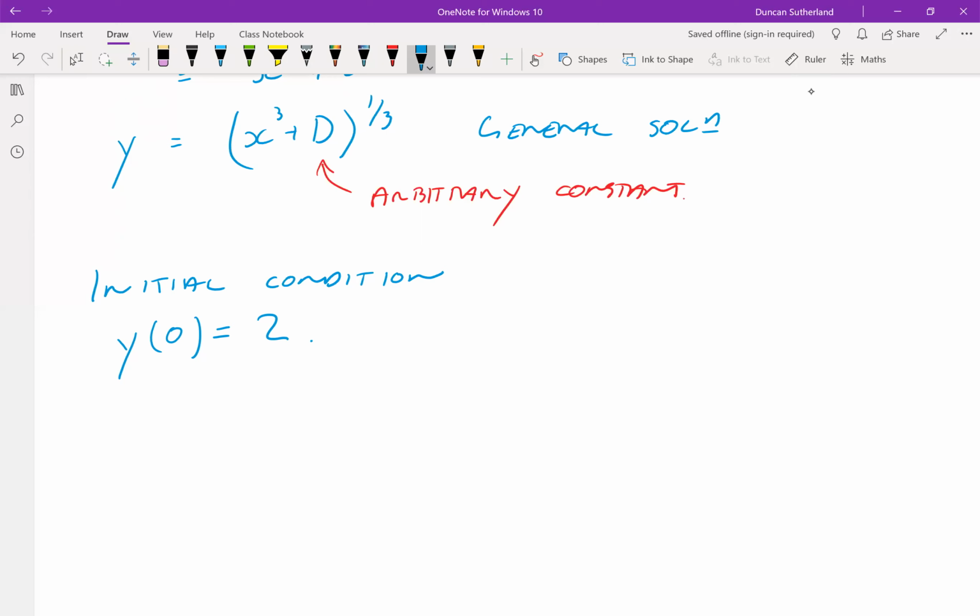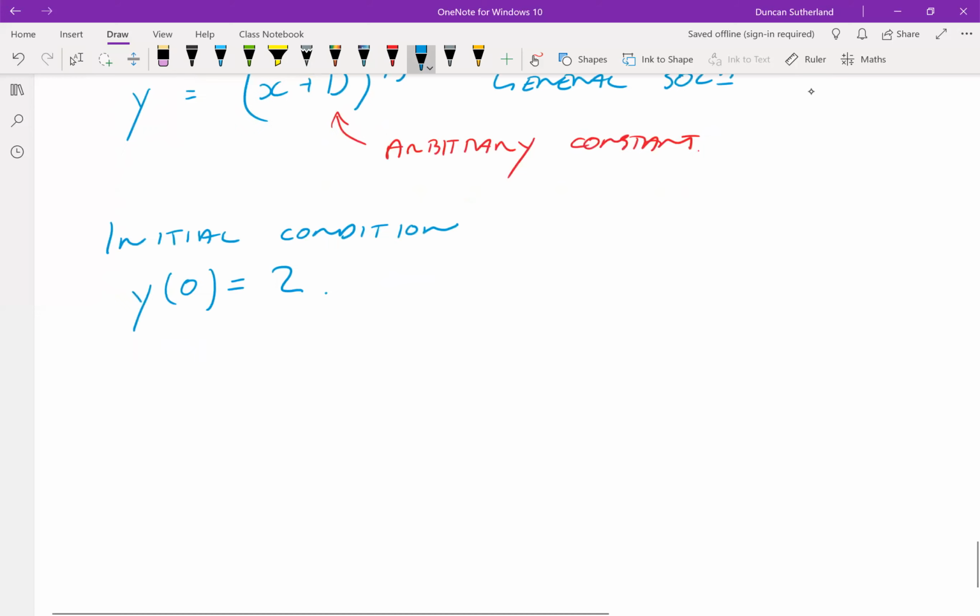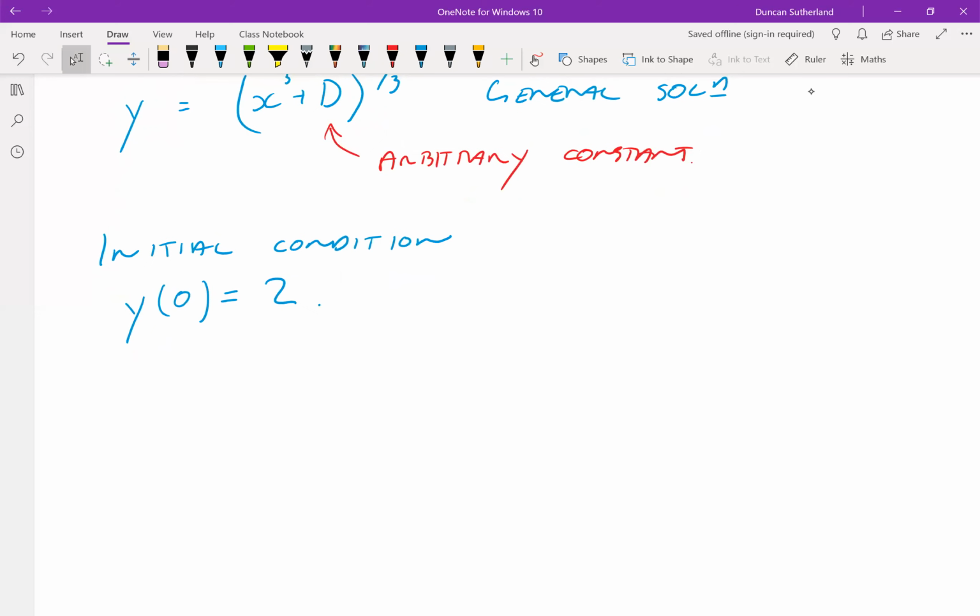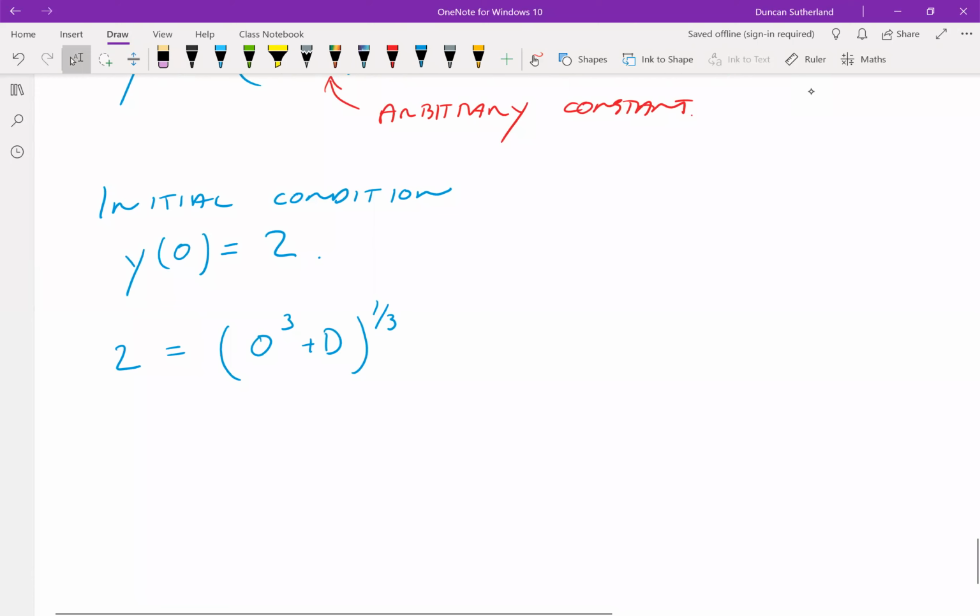That's enough information to identify the value of d, and we just proceed by substitution. So we cube both sides and we immediately find that our constant of integration is 8.